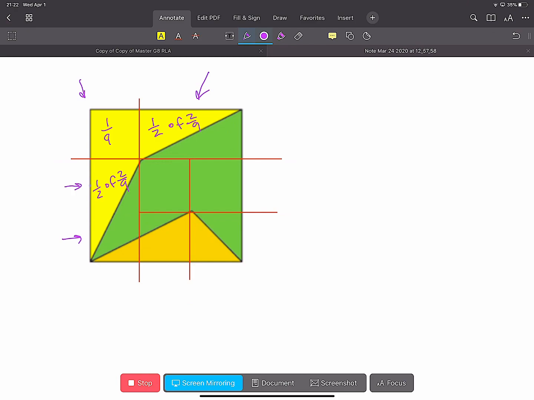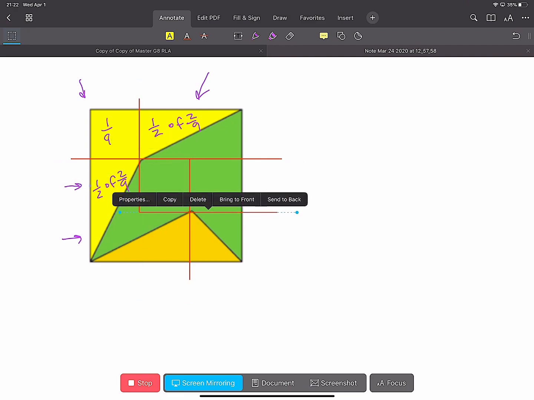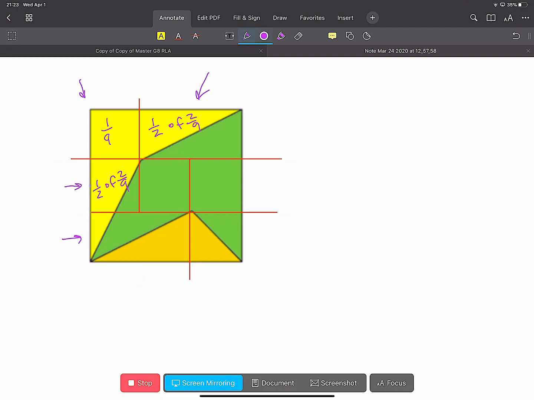And then the same was true again with the bottom left and the bottom center. The orange is 1/2 of 2/9. Finally, bottom right, that's a 1/9 piece of the whole picture, and the orange is 1/2 of the 1/9.